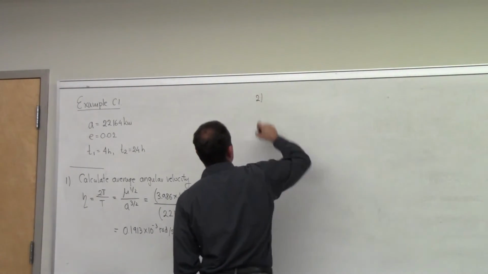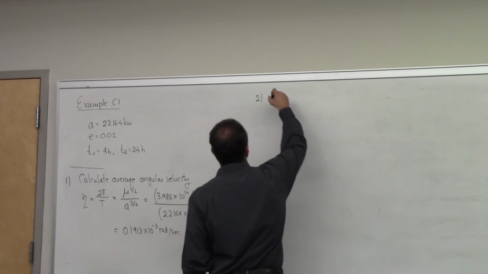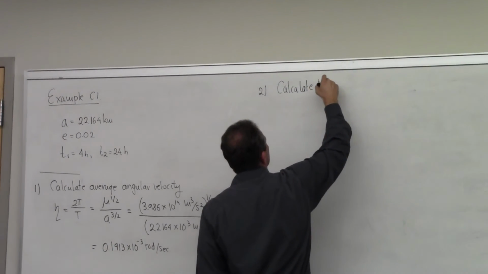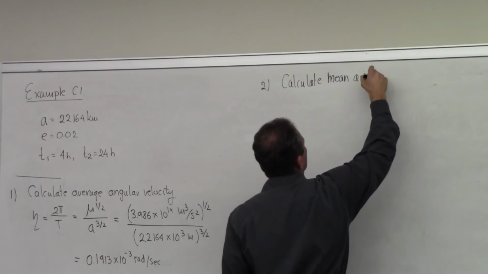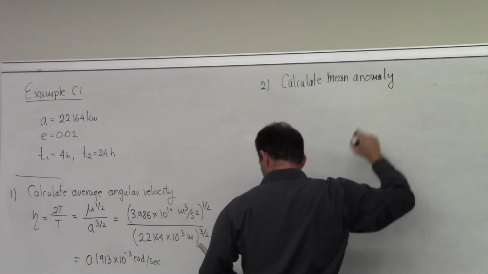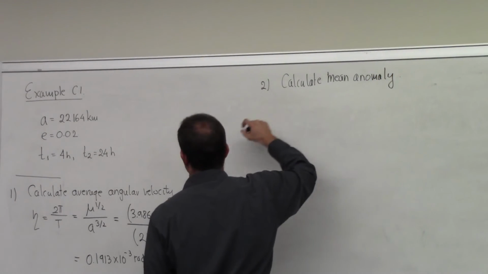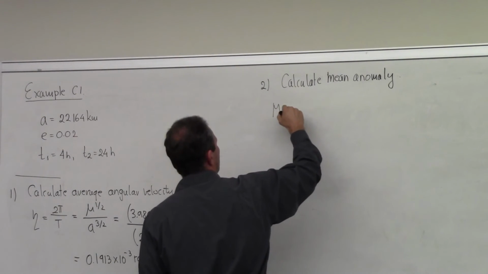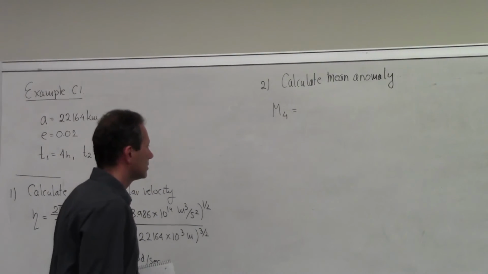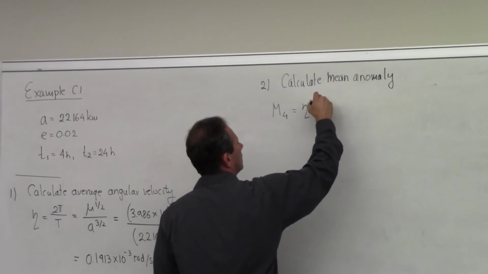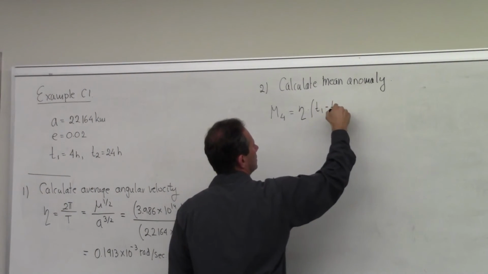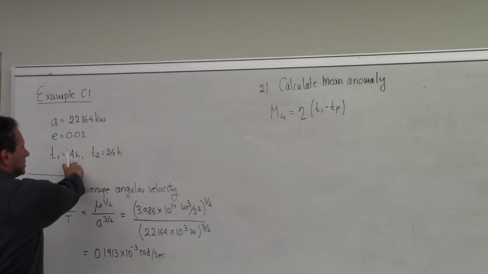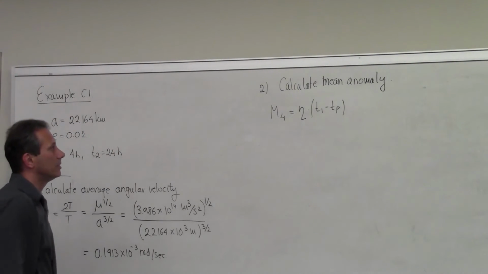The second step is you calculate your mean anomaly. I have two times here, 4 and 24. So I'm going to say M4, which is the anomaly after 4 hours, is going to be n times T1 minus T perigee, which is essentially this 4 hours. This is after passing the perigee.